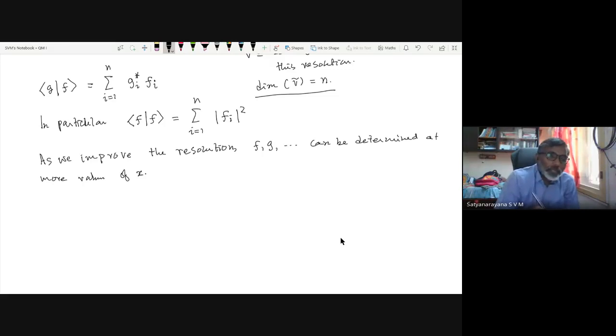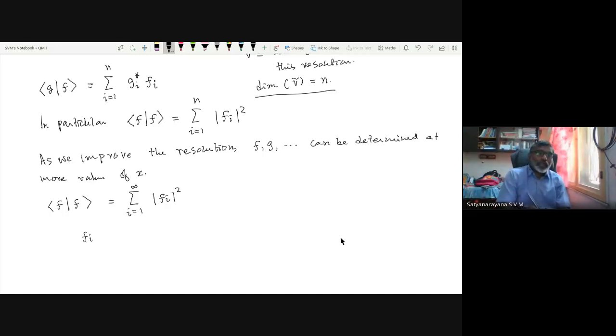That means the way I define my inner product, I have i equal to 1, 2, up to n being infinity, of mod fi square. Now look at this one.